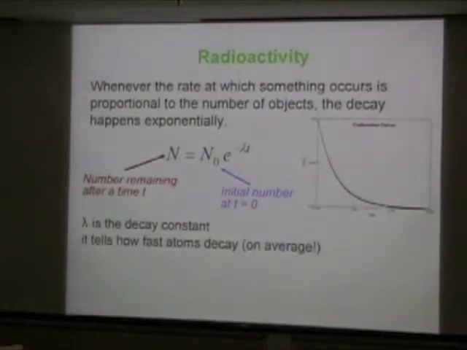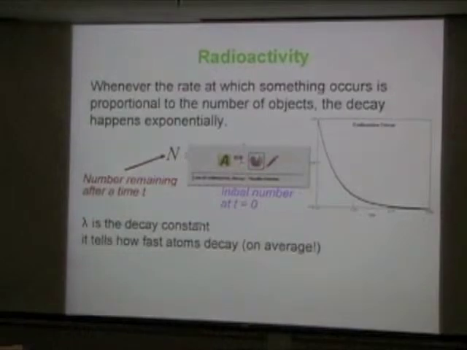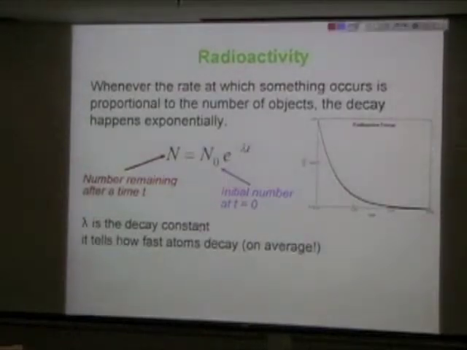When we write an expression like that, we use a number e, which is the base of the natural logarithm. When we use e, this number in the front, we call the decay constant.